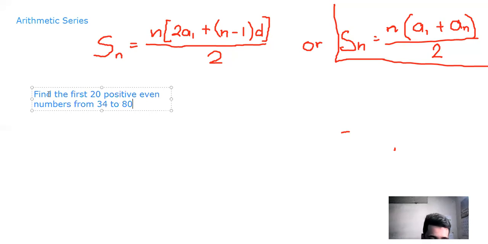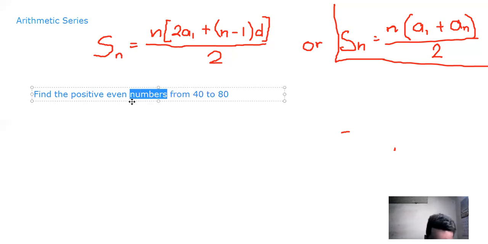Ay, wala na pala tong 80. Wag na tong first 20. So, gawin natin 40 to 80. Find the positive even numbers. Integers na lang. Find the positive even integers from 40 to 80. Tama ba? So, may namimiss ba ako?